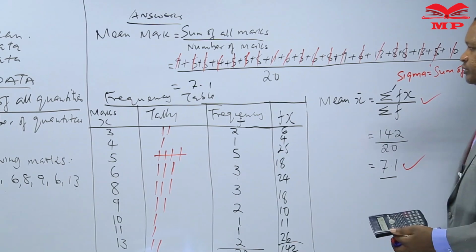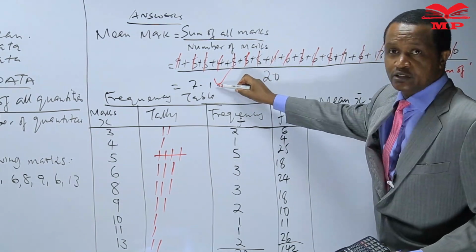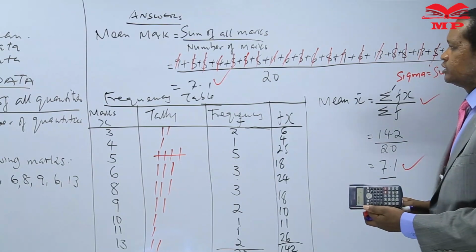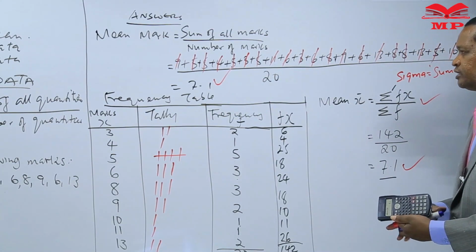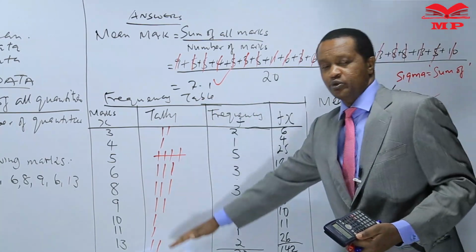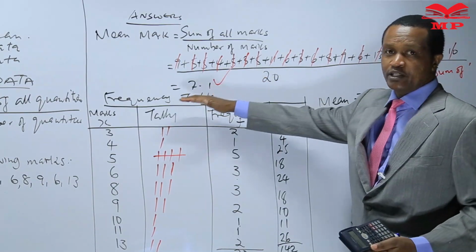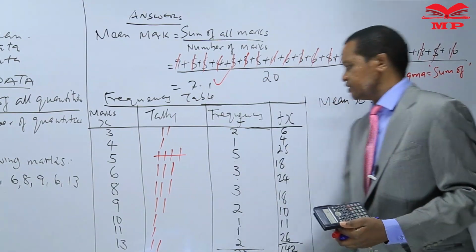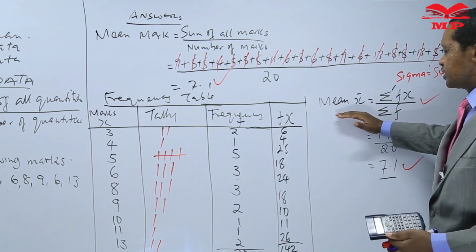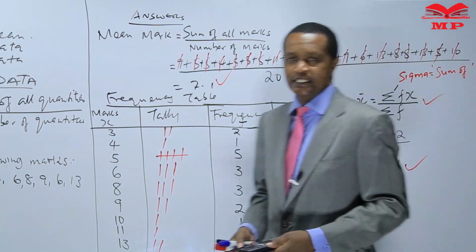And learners, you remember in our first method, the answer was 7.1. So these are two ways in which you can determine the mean, but the preferred method is the frequency table. When you have such a question, you need to prepare a frequency table first. Then based on the frequency table, you can use this formula to calculate mean of ungrouped data.